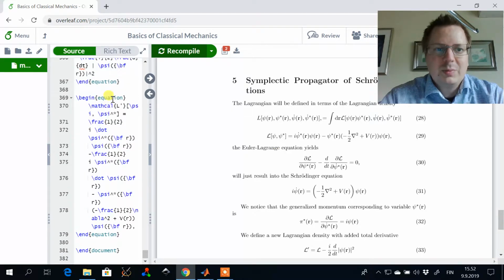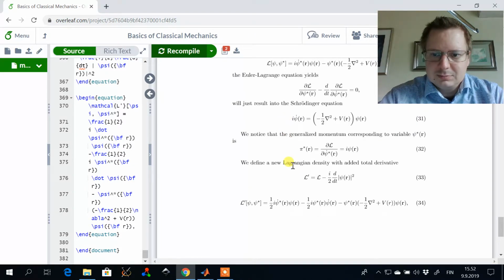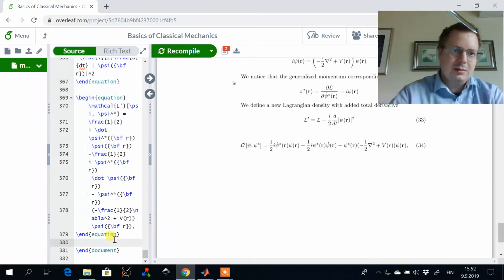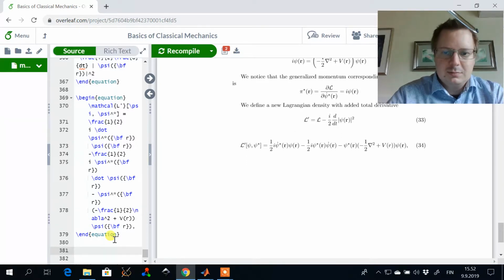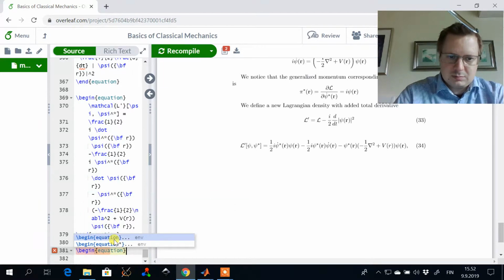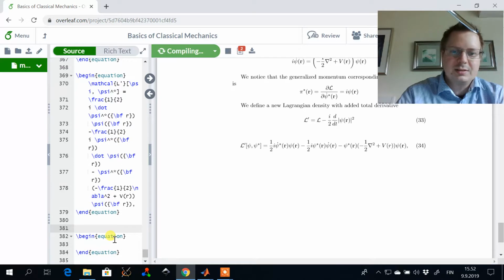We don't want to be working in the complex plane. So we do this and get this one. And then I know beforehand what the good coordinates are.